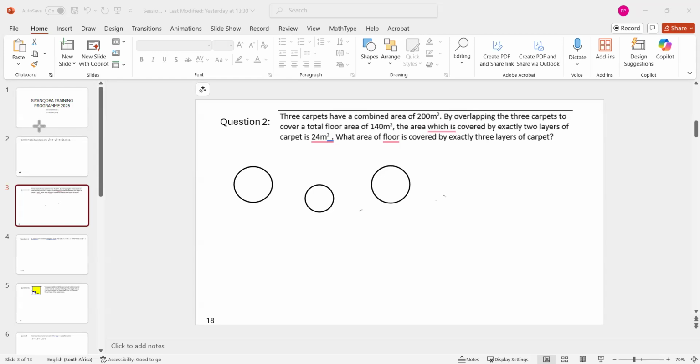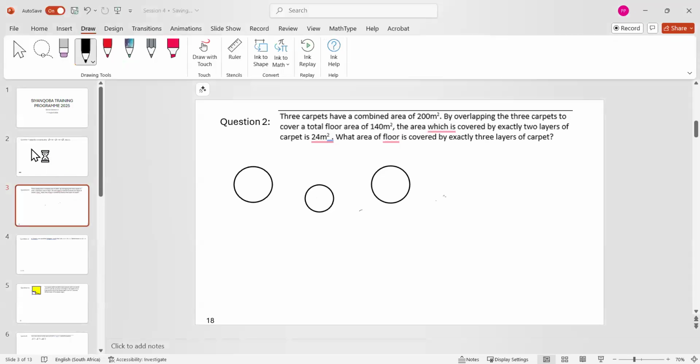Now, I've forgotten how you... I think you can actually select this thing. All right. I know you can select this and you can move it around, but I've forgotten how to do that.